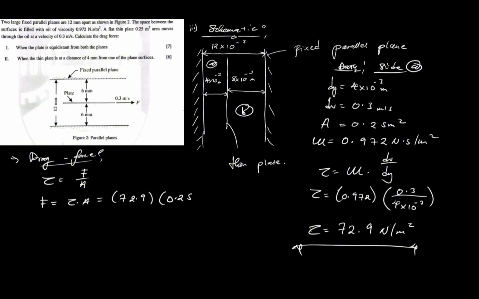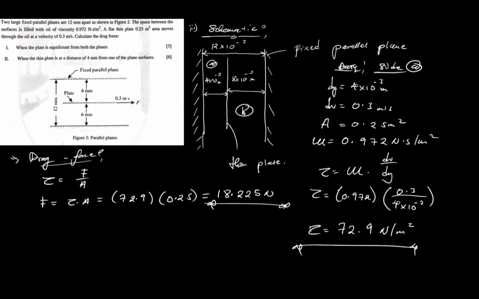Computing this gives us a value of 18.225 newtons. This is correct to 3 decimal places. This is side A.